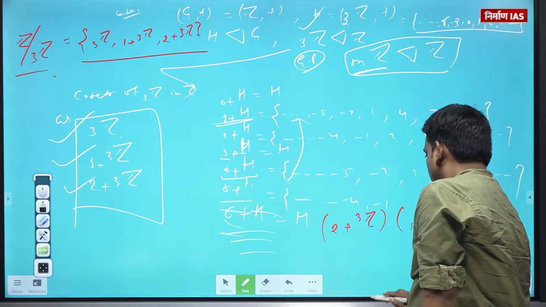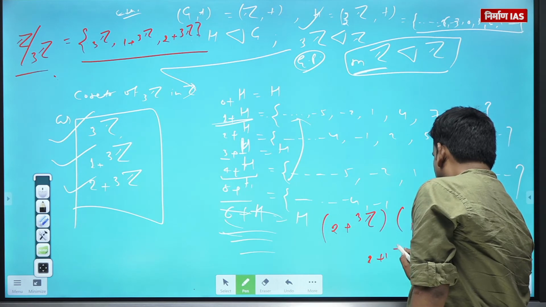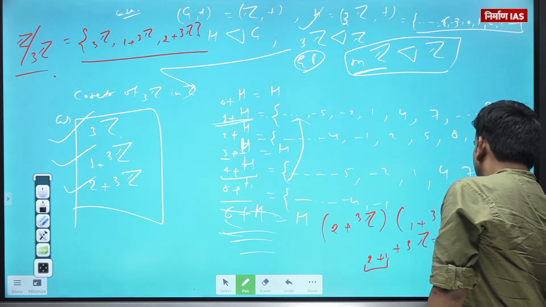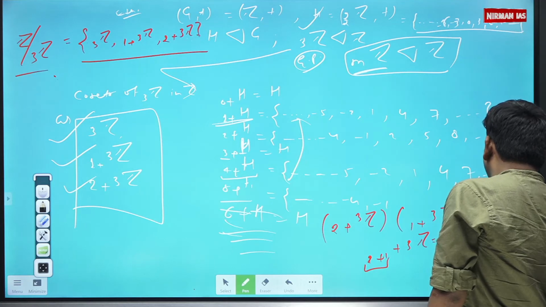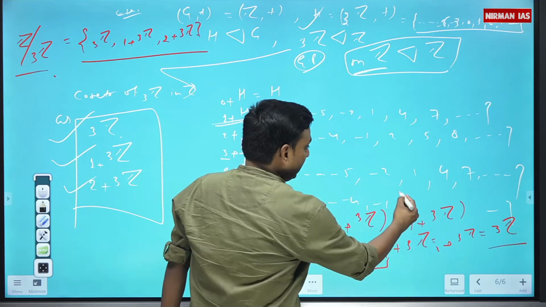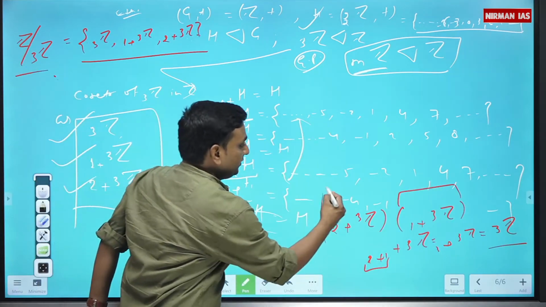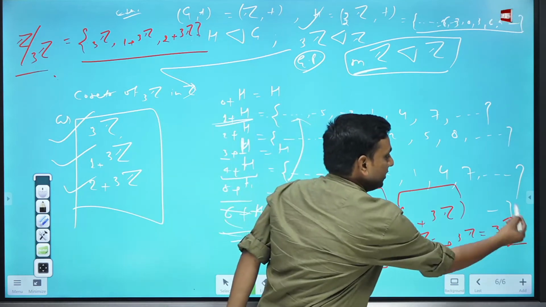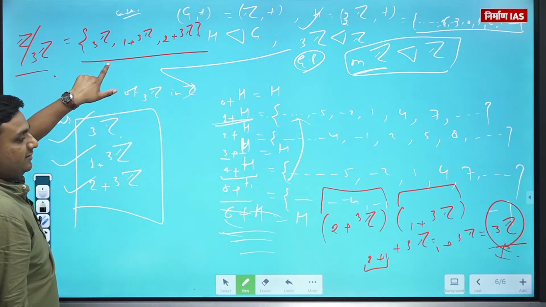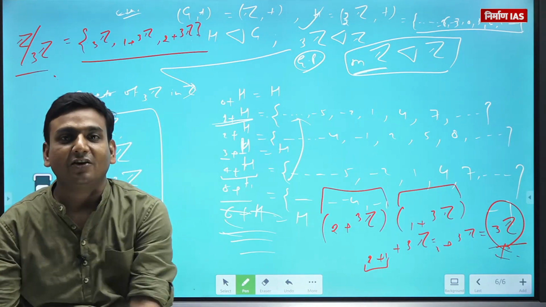So it is 2 plus 1 plus 3Z. 2 plus 1 is 3. So 3 plus 3Z is nothing but 3Z only. So what did you get? This element of Z/3Z is the inverse of the other, because the result is just the identity element of this set. Visualized or not?